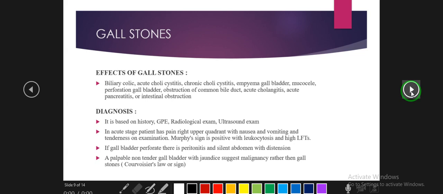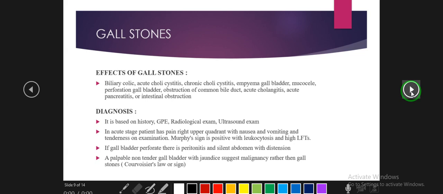gallbladder. In acute stage, patient has pain in the right upper quadrant with nausea and vomiting and tenderness on examination. Murphy's sign is positive with leukocytosis and high LFTs. Liver function tests are deranged.